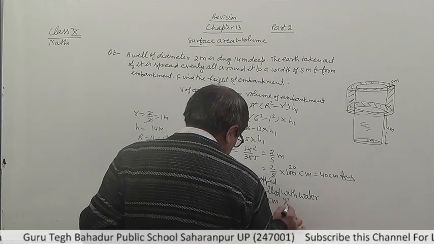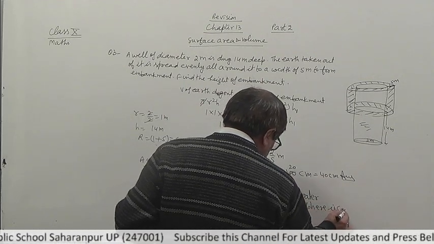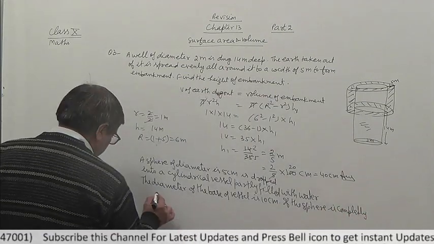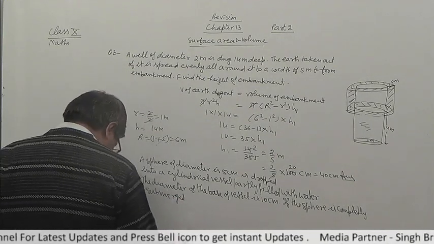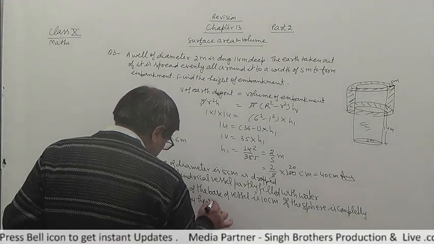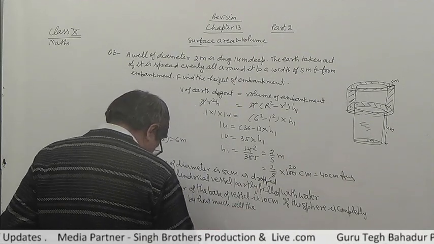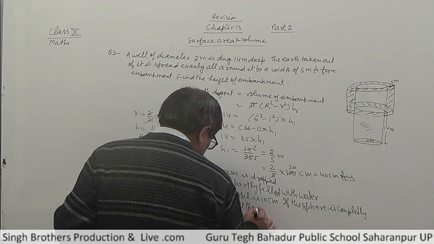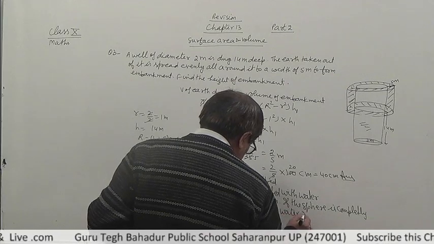If the sphere is completely submerged, by how much will the level of water rise?